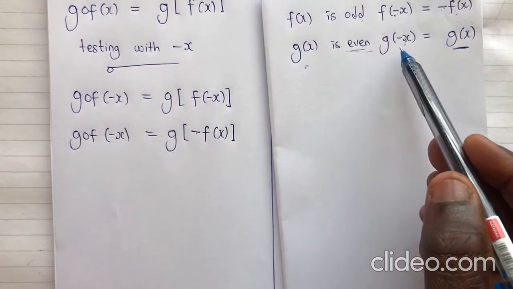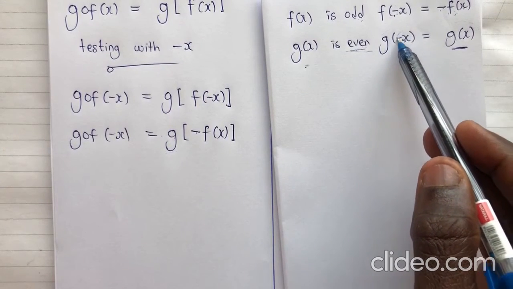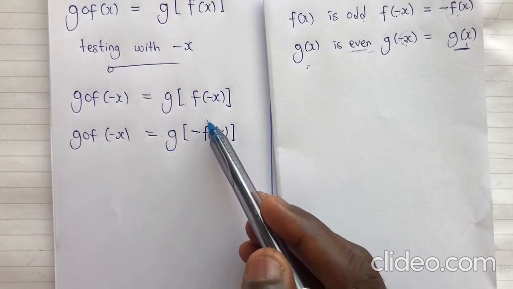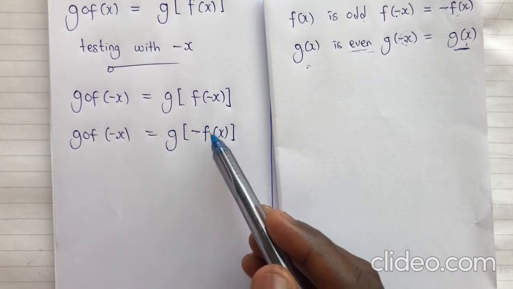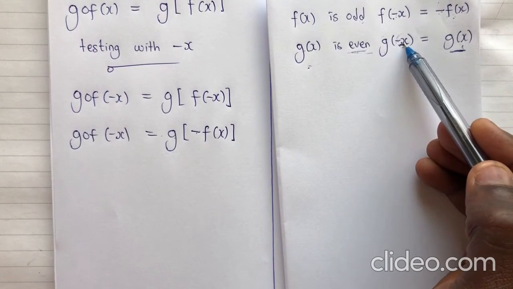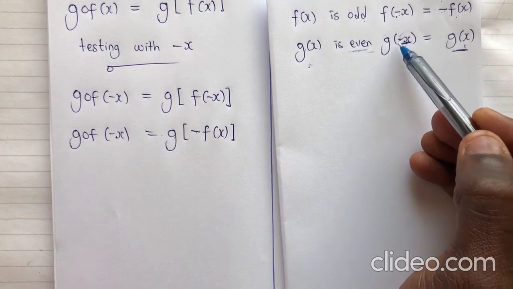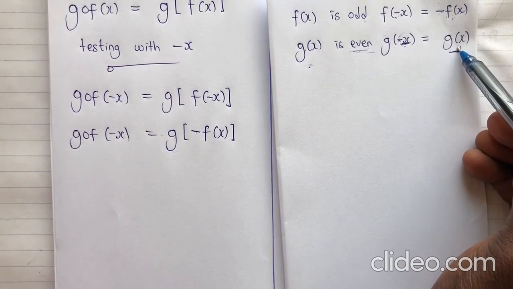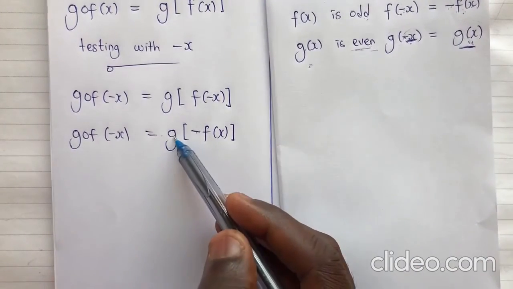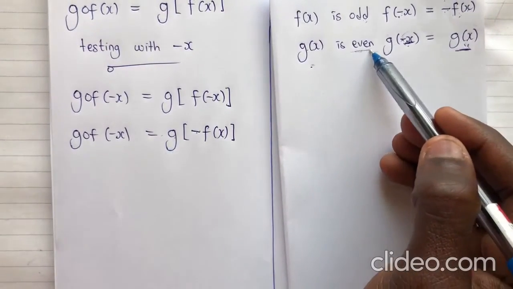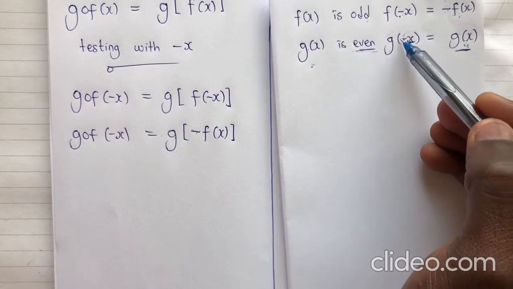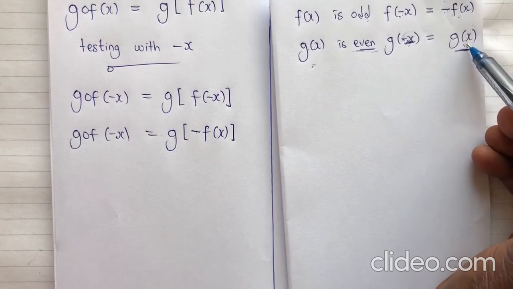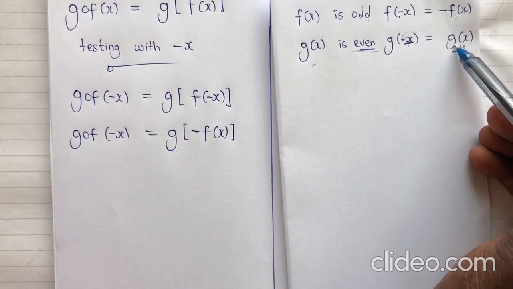And anytime we test an even function with a negative value, the result is always a positive result. So, assuming this f of x here is representing a negative value like what we have here, a negative variable, then it will eat up the negative sign and generate a positive result. Do you get it? I repeat, this g of x function is an even function. And when you test an even function with a negative value, which is negative x, you generate a positive result, which is the same g of x.